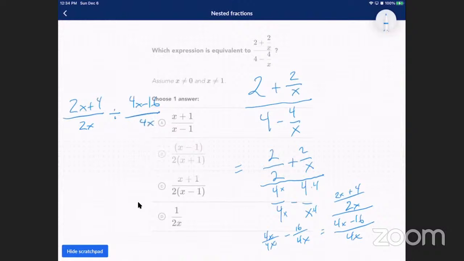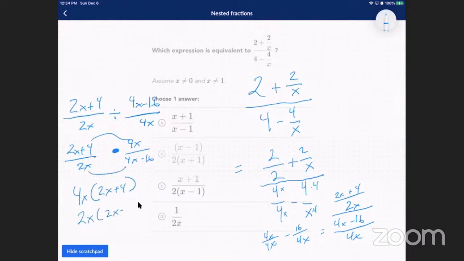Now we know that when you multiply, I'm using this dot for multiplication, you flip the denominator, so 4x minus 16. You can go ahead and now say 4x. We'll do this multiplication, and we'll get 4x times 2x plus 4, then 2x times 4x minus 16.